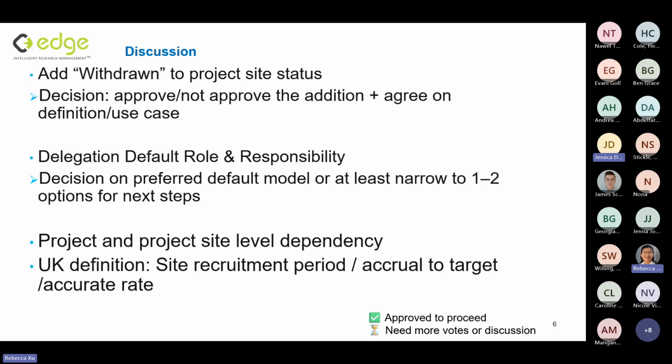The other question though is what would happen if the project closed, but then all the sites were still open? Would it automatically close? No, we're not proposing to have that connection because there could be cleanup. We're not proposing that connection.